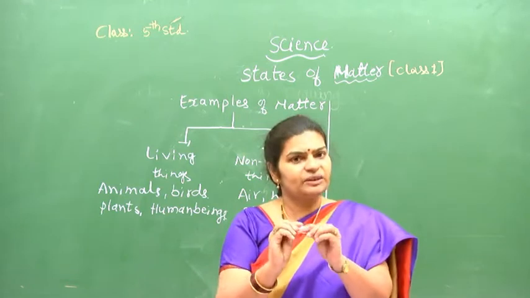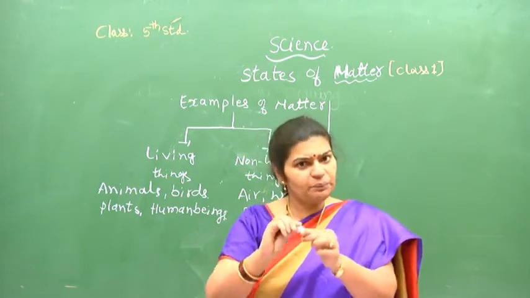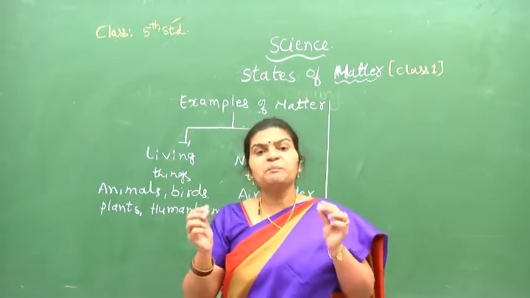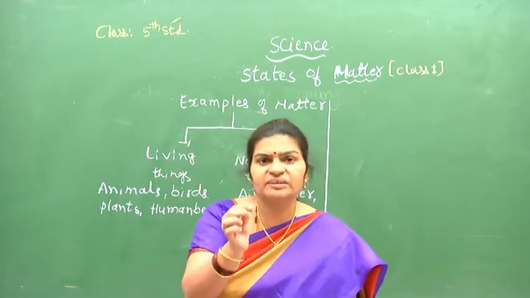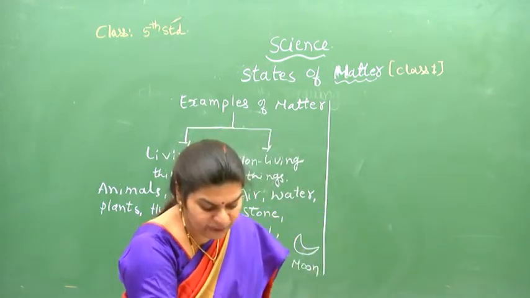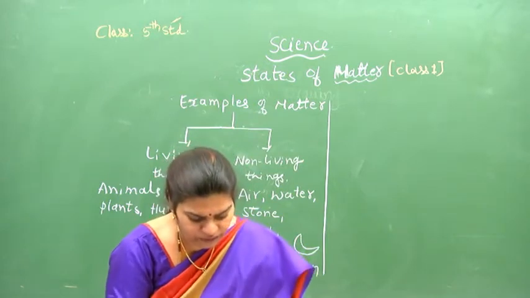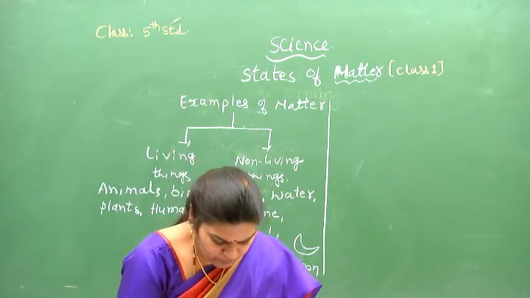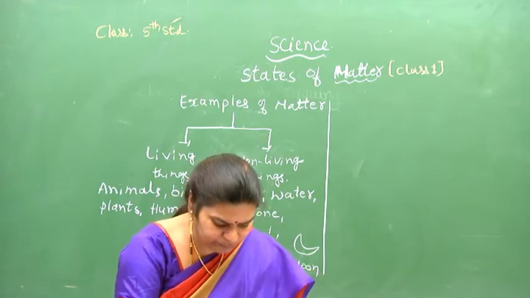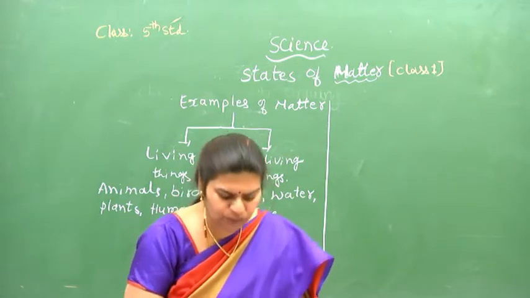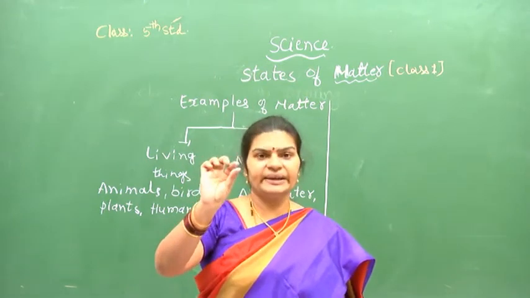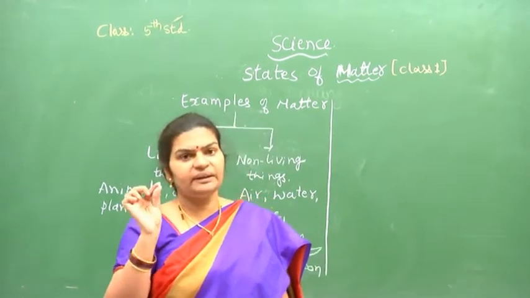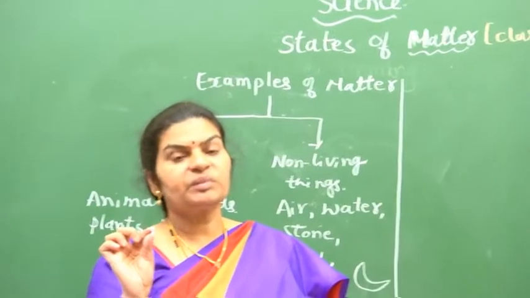I can break this into pieces. If you go on breaking it into a number of pieces, then what we get is a very small piece, that is the powder. So I am going to show you the powder of this, the smallest thing. This is the smallest one that I can see with my naked eye.